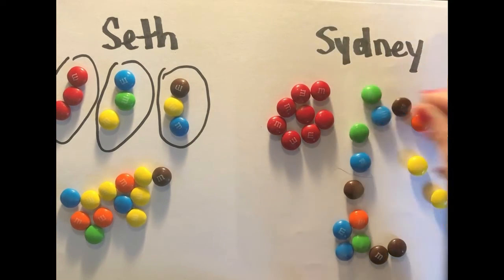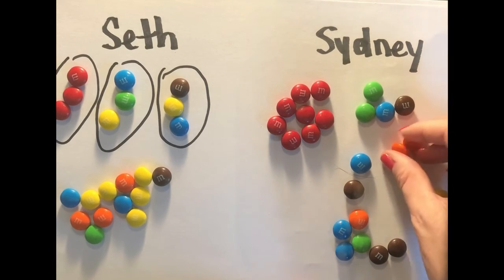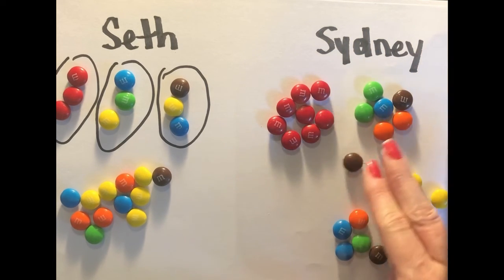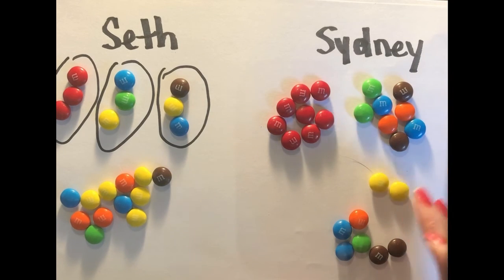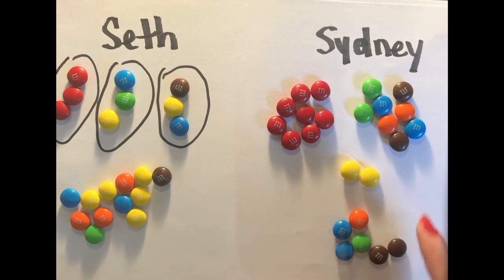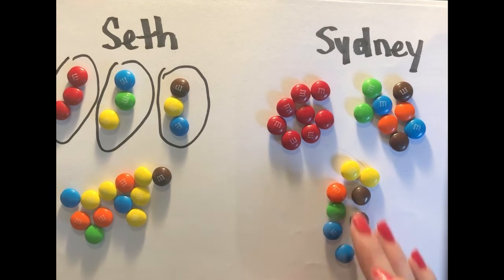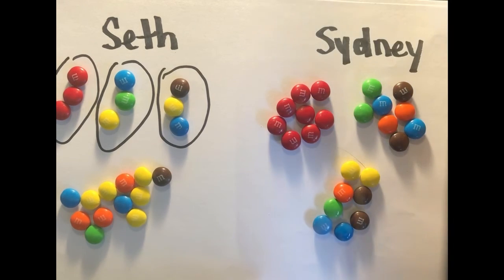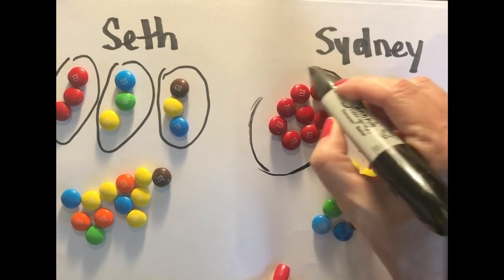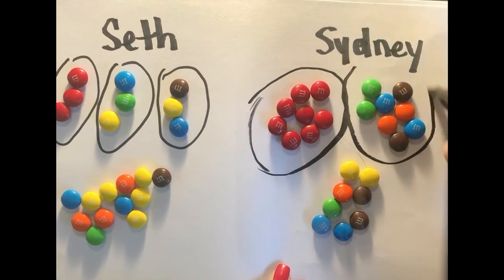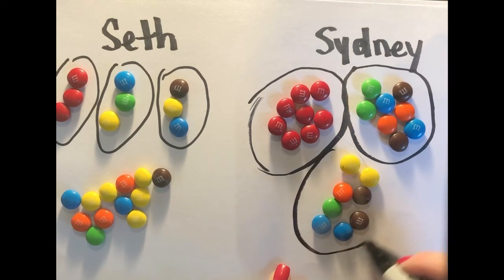So if I make another group of 8, 1, 2, 3, 4, 5, 6, 7, 8, and another group of 8, can I do that? 1, 2, 3, 4, 5, 6, 7, 8. Do I have 3 equal groups? There's a group of 8, there's a group of 8, and there's a group of 8.